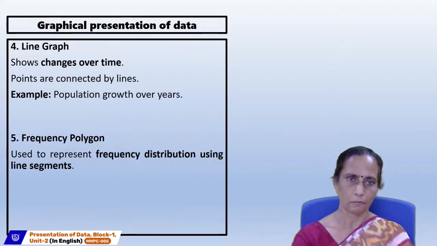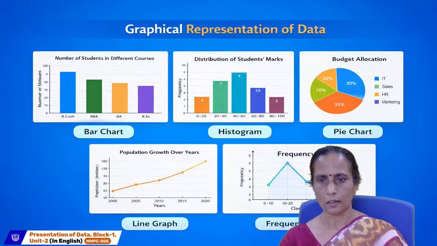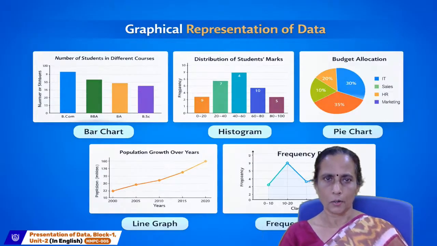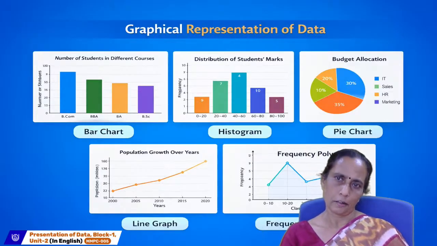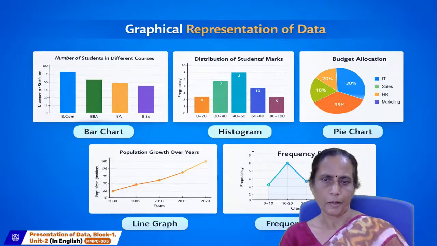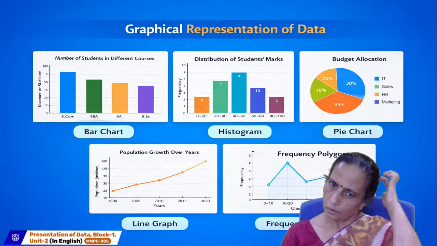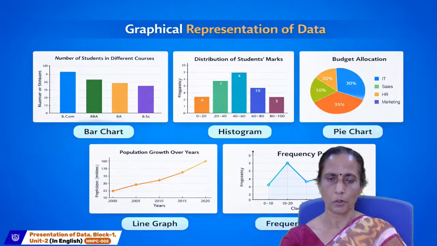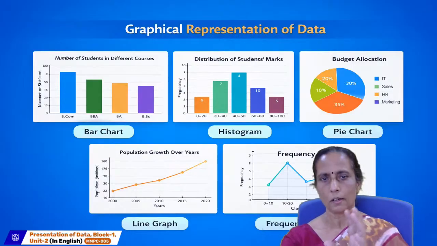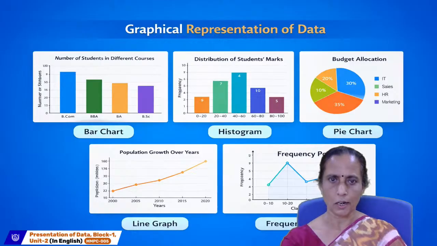So moving forward, these are the several categories of graphical representations, that is bar chart, histogram, pie chart, line graph, and frequency polygon. Okay. The frequency polygon can be obtained from your histogram.